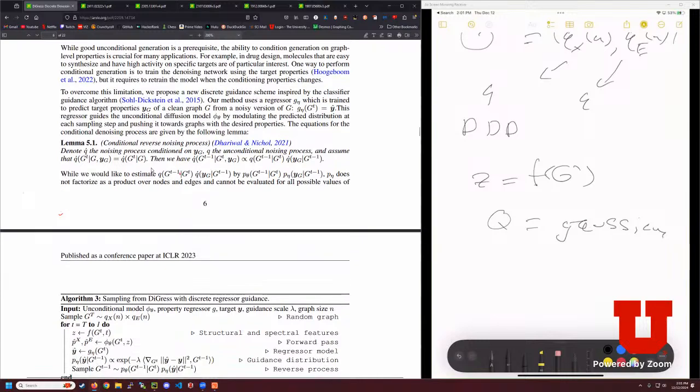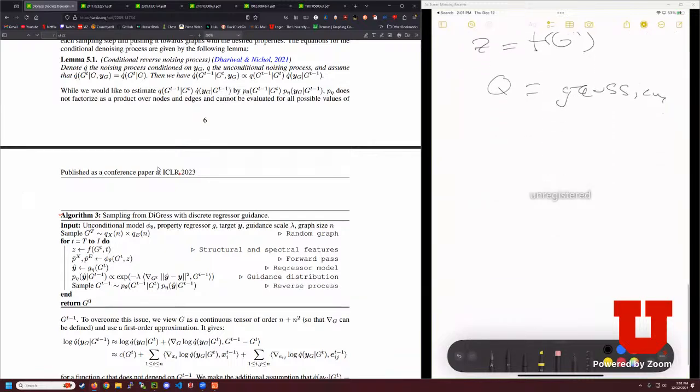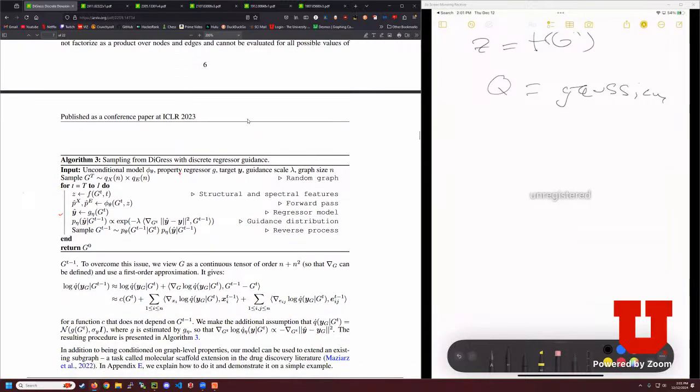Oh, this is lemma 5.1, okay. This is not their work, right? No, this is from another paper, on the conditional reverse noising process. So this is another paper I have to read, but I'm basically just going off of what they presented here. Okay, maybe we can look at another paper.